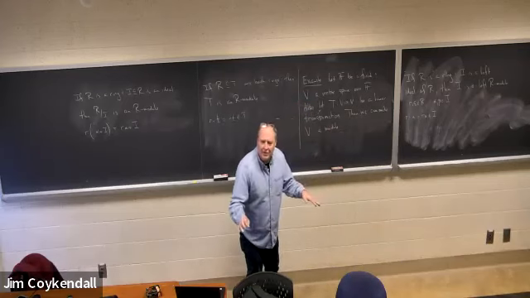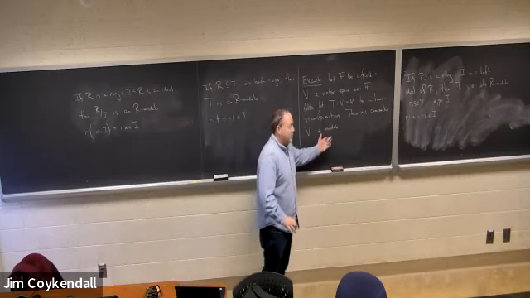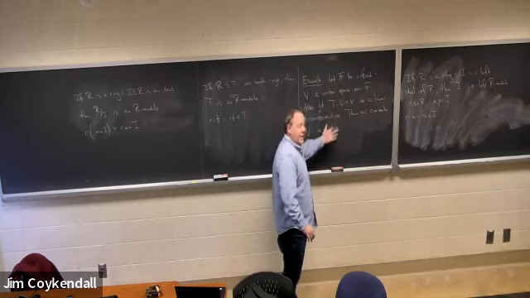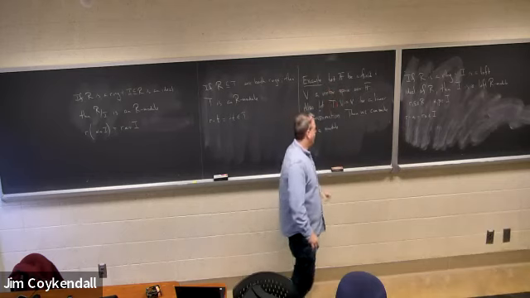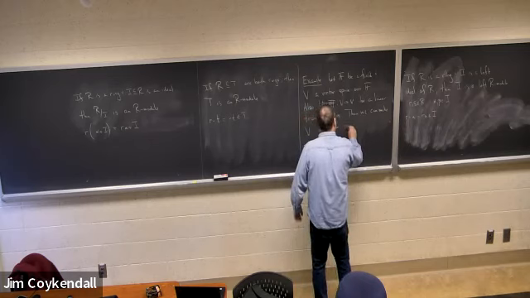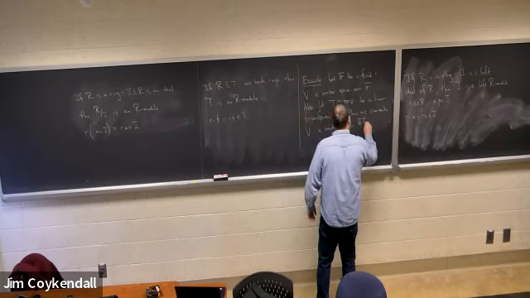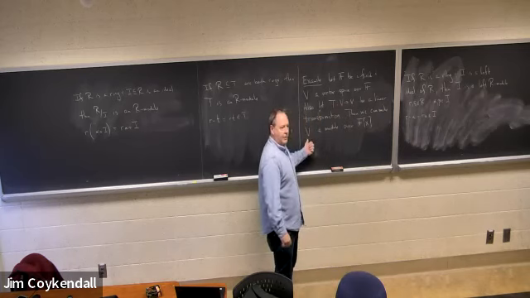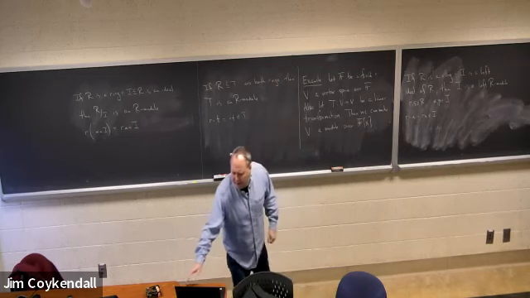I know it's a vector space, so it's a module over F, the field, right? But I'm going to make it a module over something else. I'm going to make V, the vector space over F, a module over the polynomial ring.